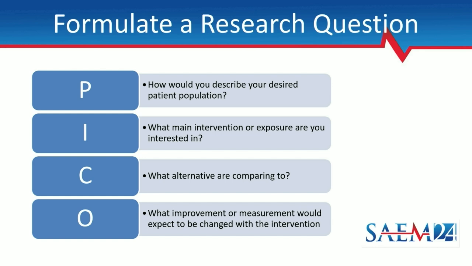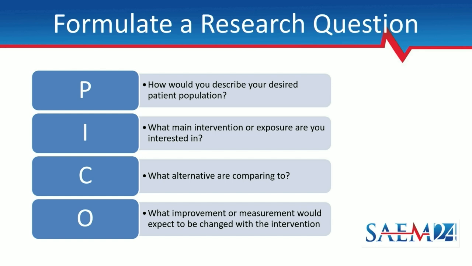Versus something more general. So the population in this case would be what type of articles do you want to include? What's your question? And then how are you going to explain that to someone else in terms of which manuscripts you're looking for? How would you write that down? What is the intervention? A main intervention or exposure in this setting is a little bit harder to define sometimes.